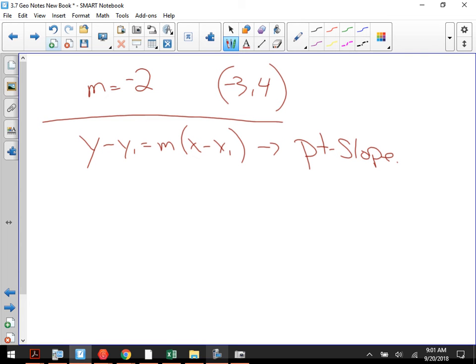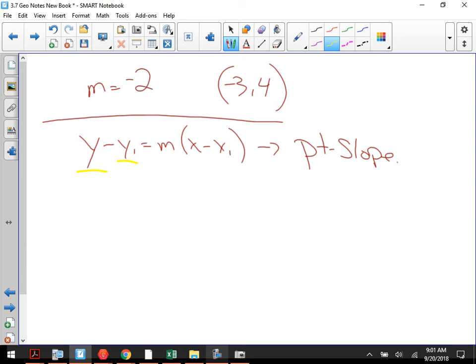The point slope form here allows you to substitute in values to get your equation into slope intercept form with two basic steps.